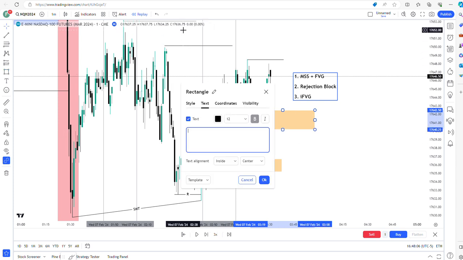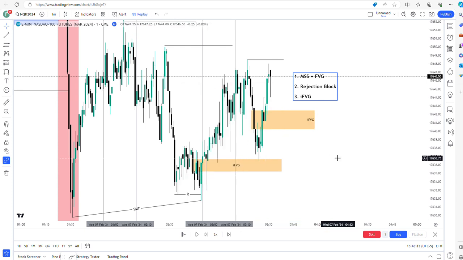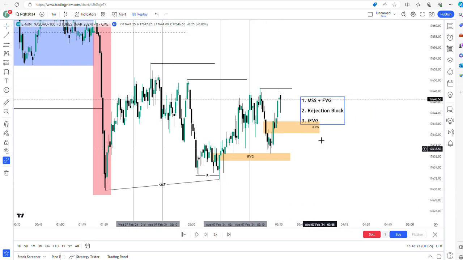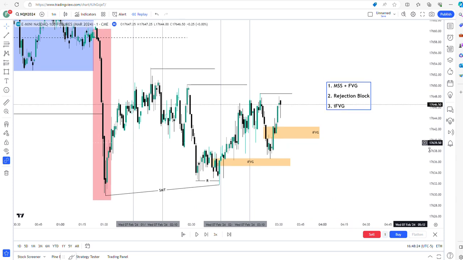So that's another inversion fair value gap right there. See how you've got to let the winners run, and you've got to cut the losers short. So if you didn't get a 1 to 2, or you didn't take out all your money here, and you got stopped at break even, if the bias is still there and the overall trade idea is still there, you're going to have confidence to stay in that trade or to be able to execute again.